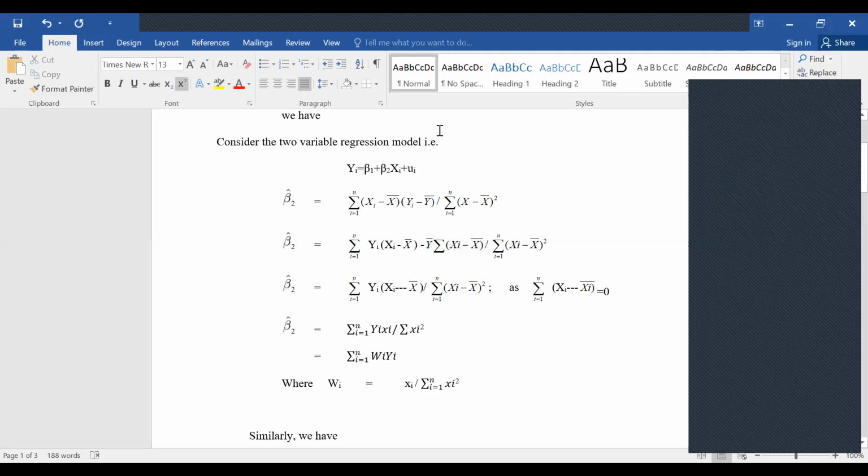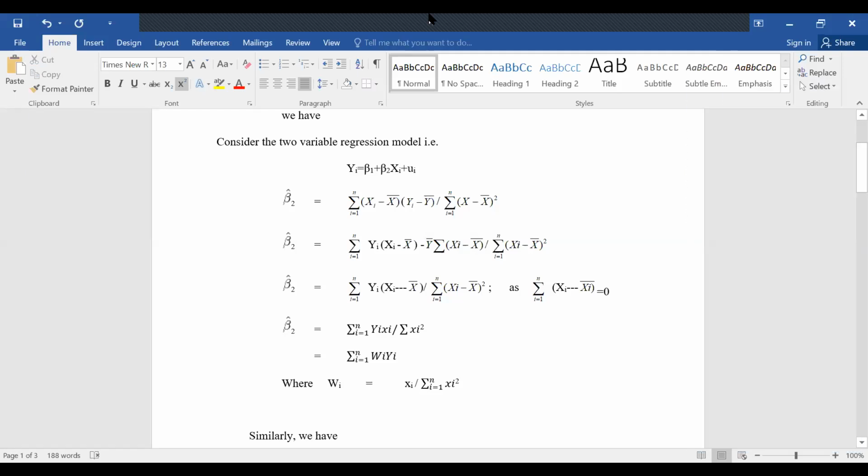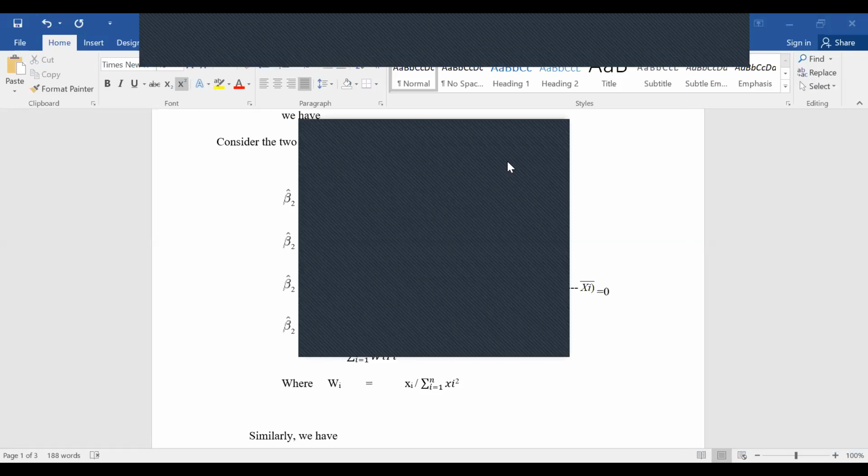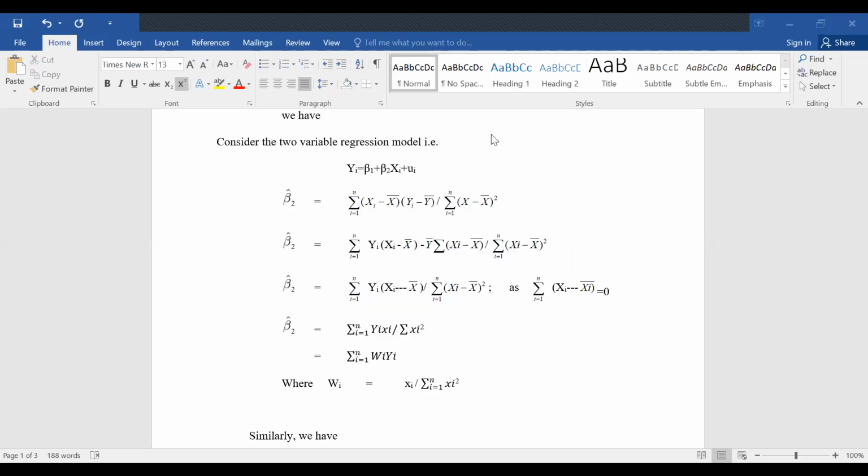And in the denominator we have summation (xi minus x bar) whole square. Now beta 2 hat equals summation capital Yi (xi minus x bar).